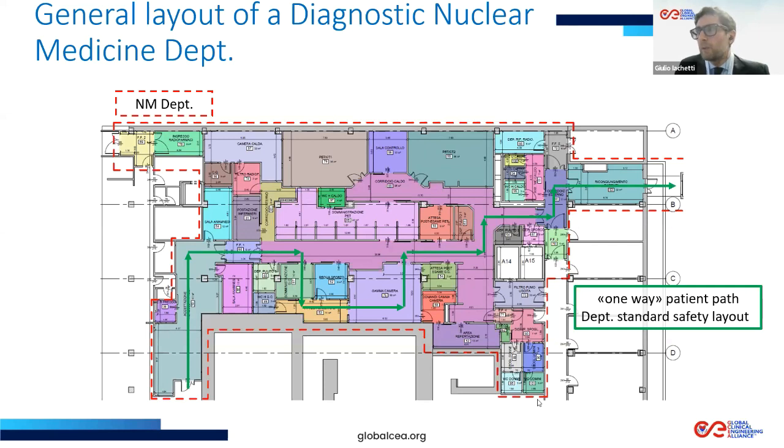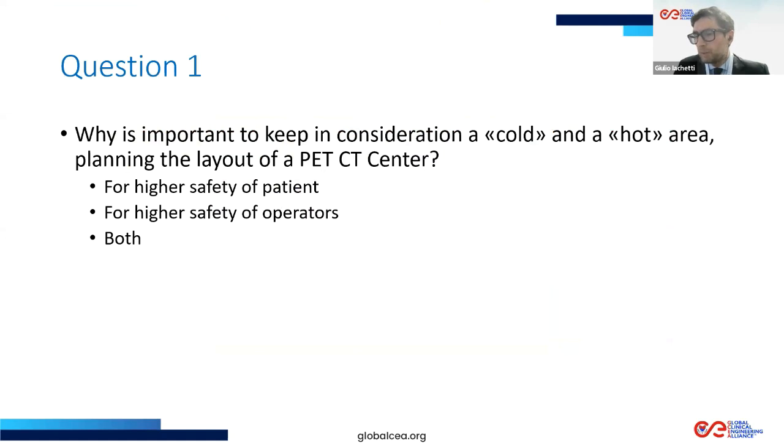Again, you have a one-way patient path for the SPECT-CT and another for the PET-CT. Okay, so I think we can launch the first poll, which I hope is clear. I think it is clear that both was the right answer to the question.